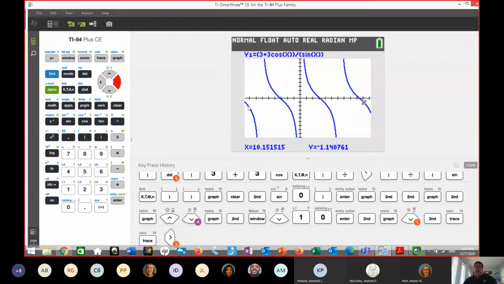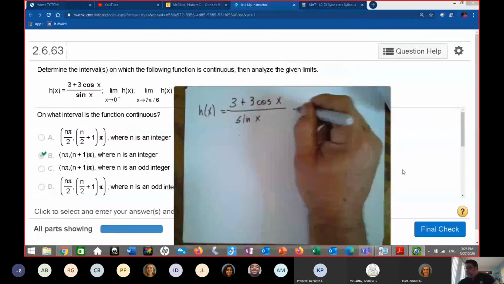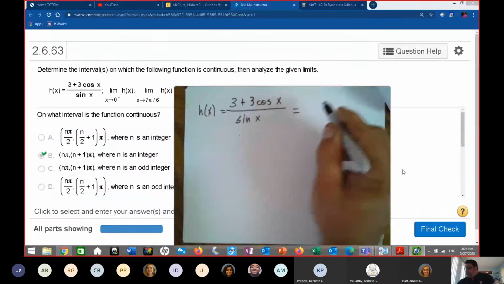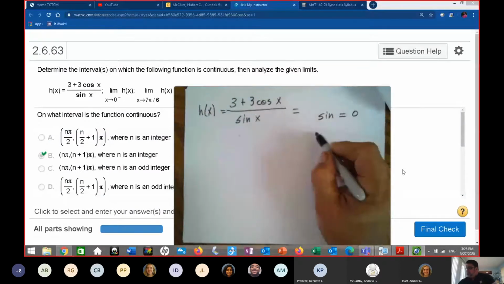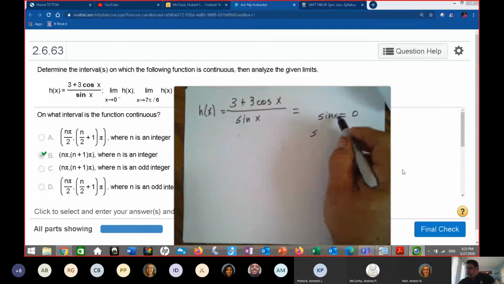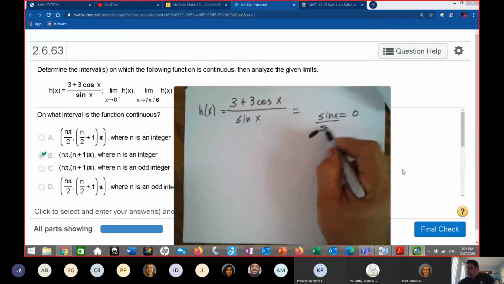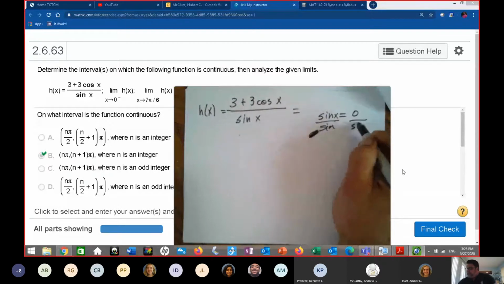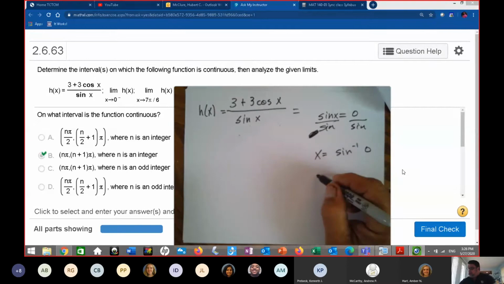So all you need to do is find those vertical asymptotes. How do you do that? You set the denominator equal to 0. So set the denominator, sine of x, equal to 0. Sine of x is equal to 0. Divide by the sine. X is equal to the inverse sine of 0, which comes out to be the angles 0 and pi.